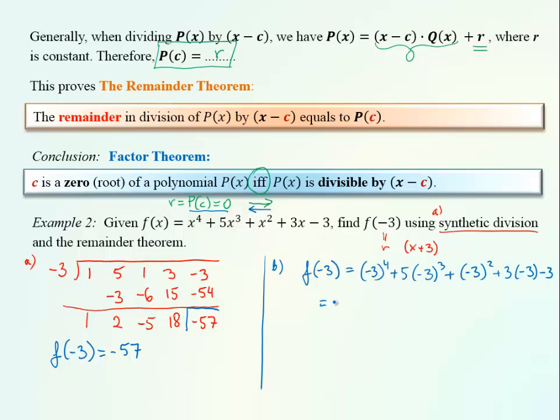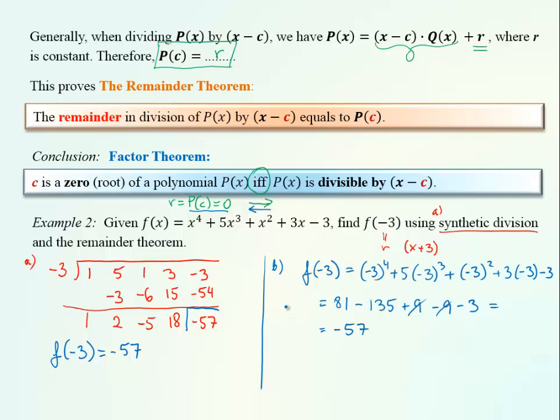So the first term is really 81, second is minus 27 times 5, which is 135, plus 9, minus 9, and minus 3. So these two are gone, and after adding the numbers, we end up with -57.